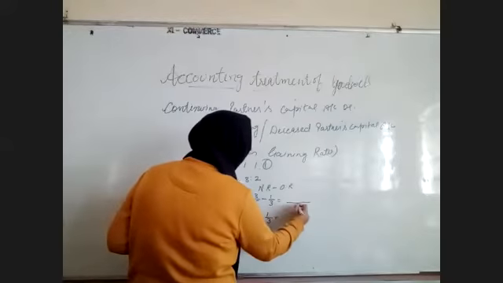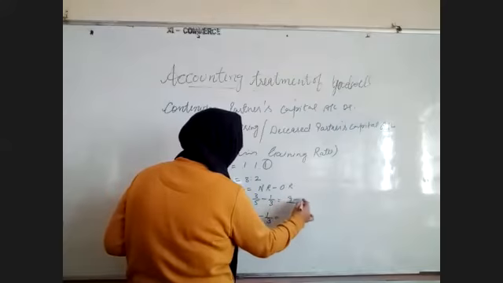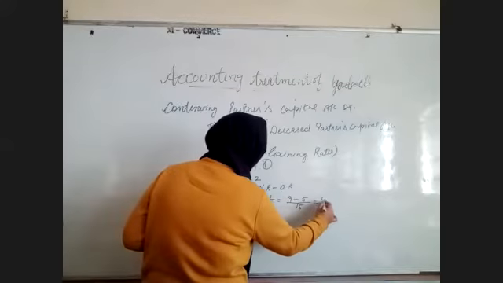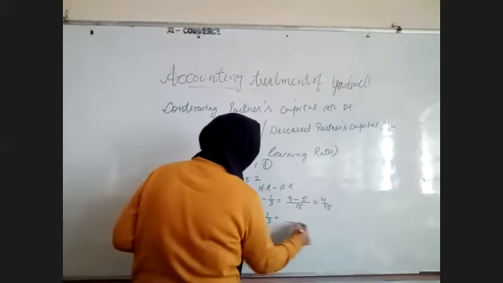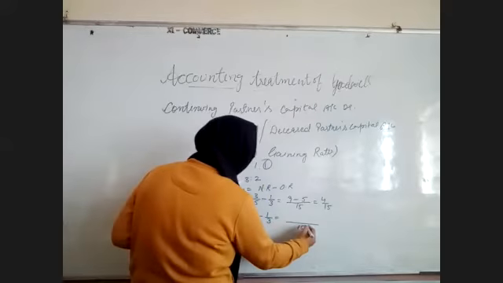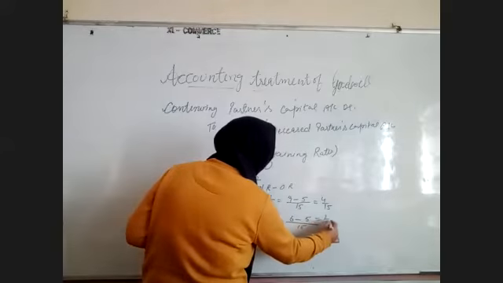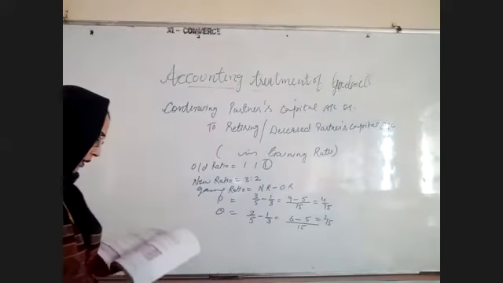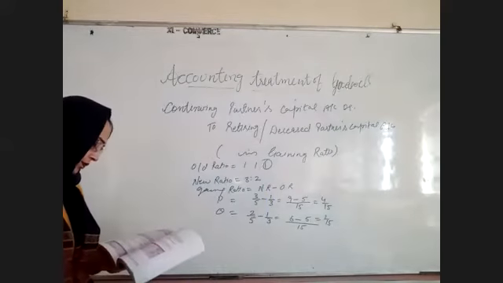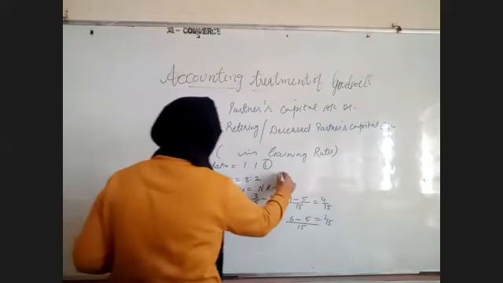Calculate: 5 threes are 15. 3 threes are 9 minus 5, 4 by 15. And in case of Q, 15, 6 minus 5, 1 by 15. It will be 4:1. Okay, gaining ratio क्या है? 4:1.